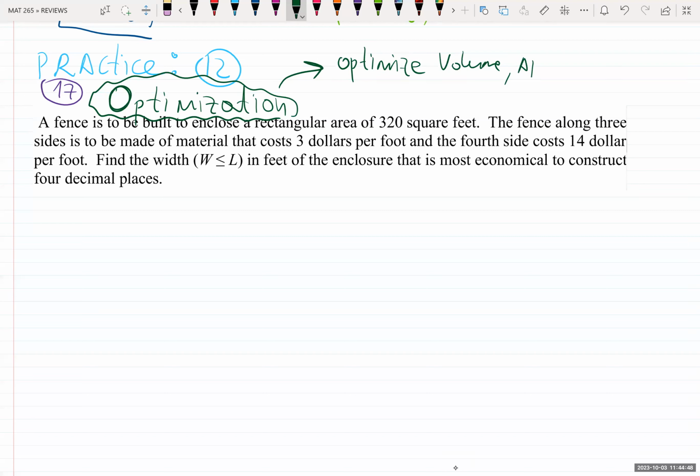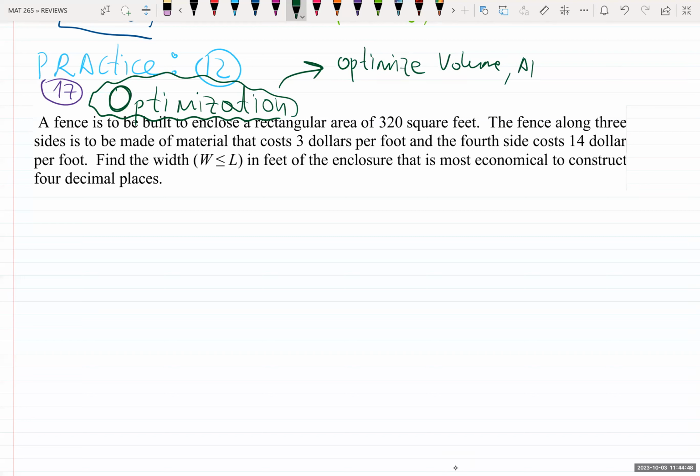Sometimes problems tell you, oh, there's a river over here, so the long side should be more expensive because it has rocks. Blah, blah, blah. No, in this case, it's just very random. So any 3 sides, multiply them by 3. And the fourth side is more expensive for some reason. So it's going to be 14. So I'm going to do times 3, times 3, times 3, times 14. Does it make sense? Very random guess, to be honest.